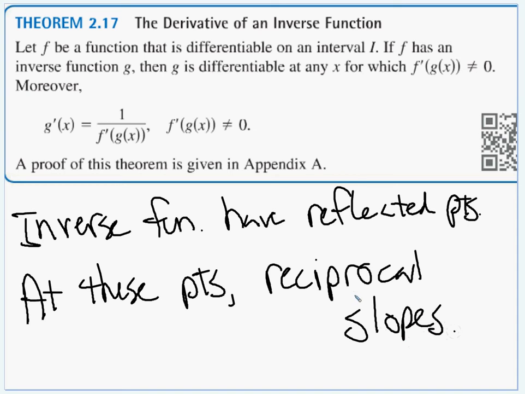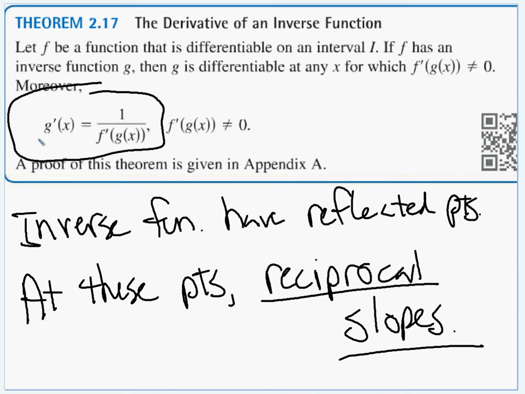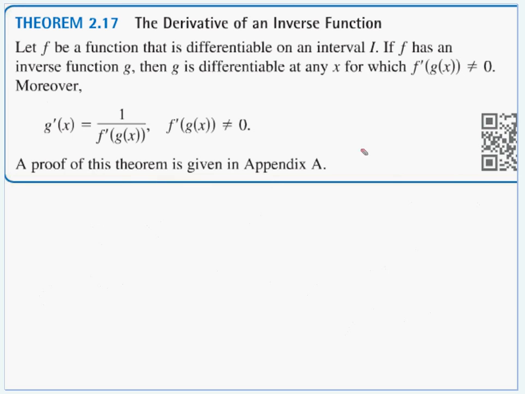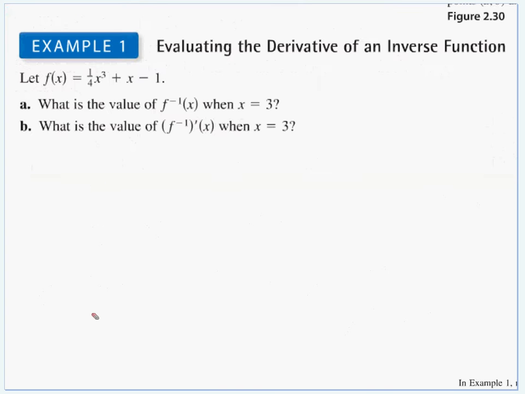Now, if you remember parallel and perpendicular lines, the perpendicular line was a negative reciprocal. Here, we're not going to negate it. It's just going to be a reciprocal slope. That's sort of making this a little bit easier. The derivative of our inverse is going to be the same slope as f prime, but we're going to invert it. We're going to flip it over. Inverse functions have reflected points, and at these reflected points, they have reciprocal slopes.